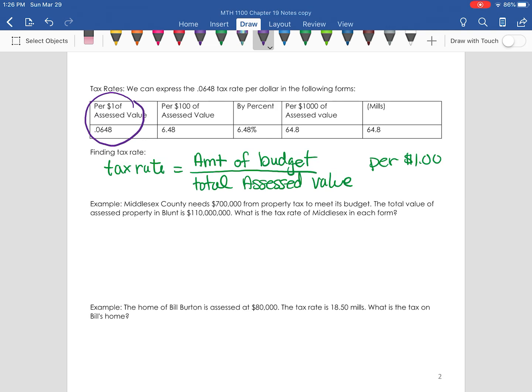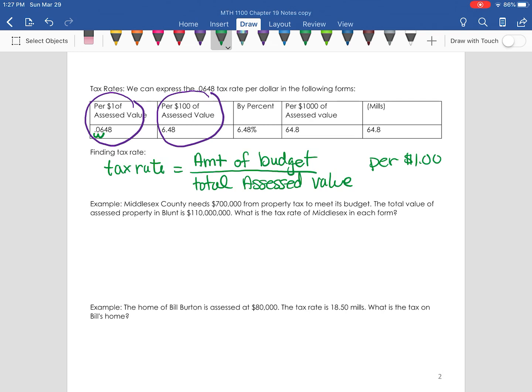So 0.0648 means $0.0648 of every dollar of the assessed value. Then we have per $100 of the assessed value. We would just move the decimal place over 2 places, like this, 1, 2.